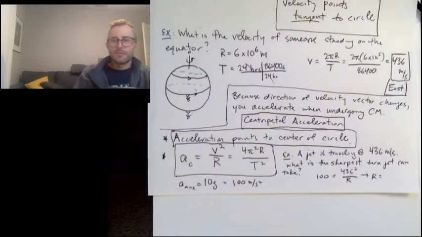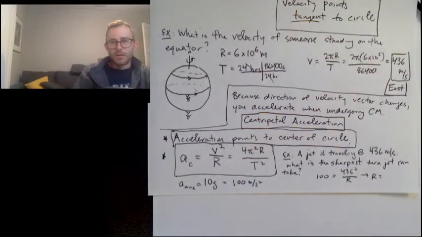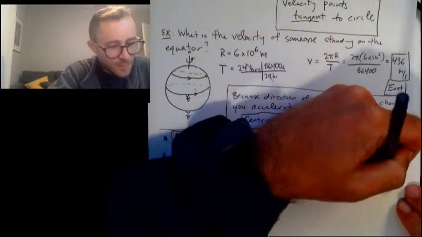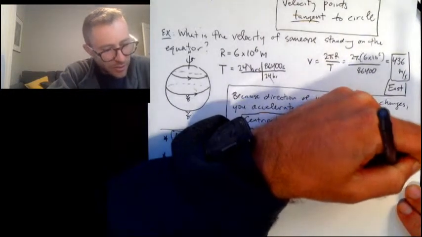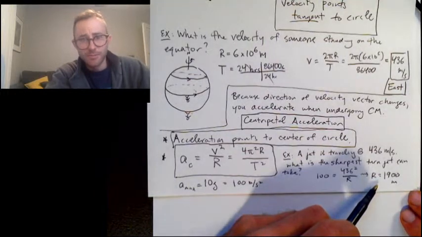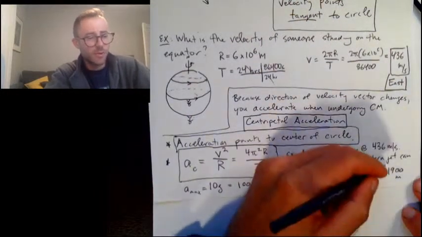I'm not going to show the algebra, but we have 436 squared divided by 100, and we get 1,900 meters. This is approximately 1 mile.